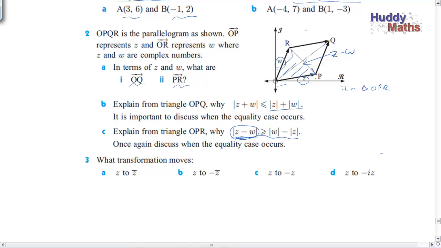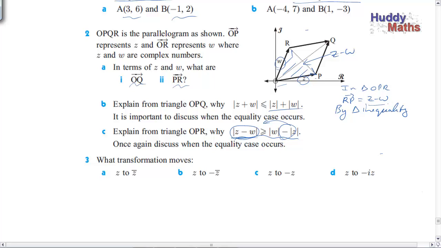All right, so what could we say? Well, we don't know a difference for a triangle inequality, but we could add that over the other side, couldn't we? So let's do it. In triangle OPR, RP, that vector, is Z take W. By the triangle inequality, we should write that.